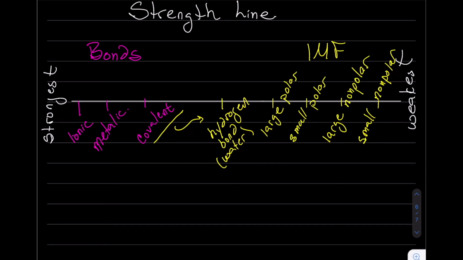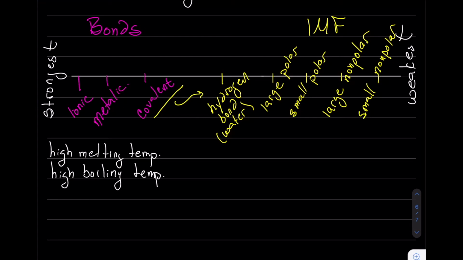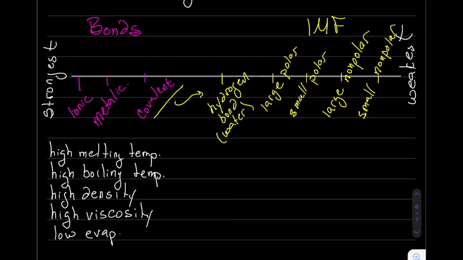So the stronger are going to have high melting temperatures, high boiling temperatures, high density, high viscosity, and low evaporation temperatures.